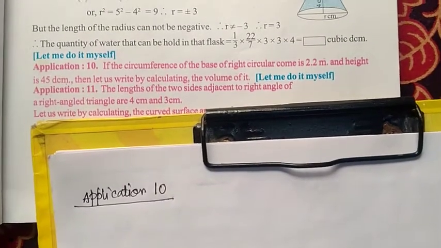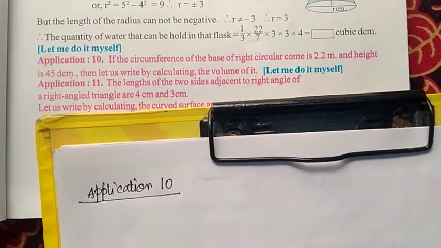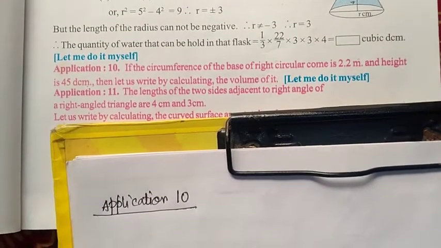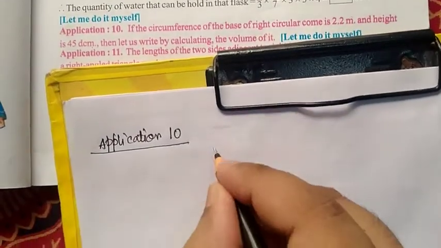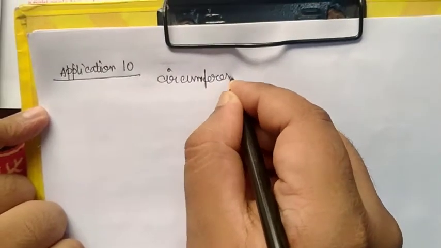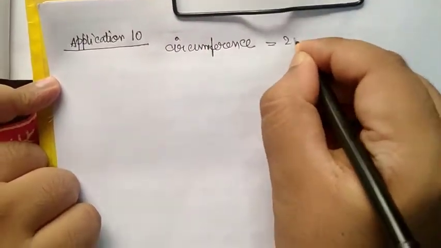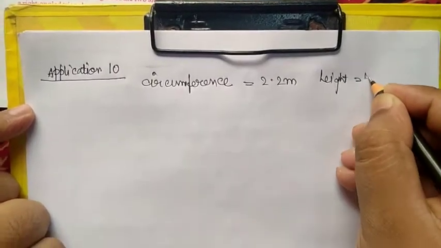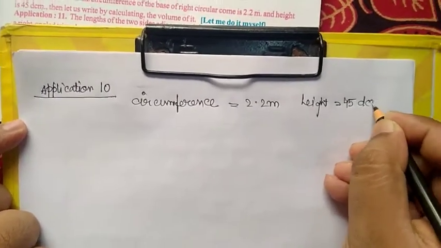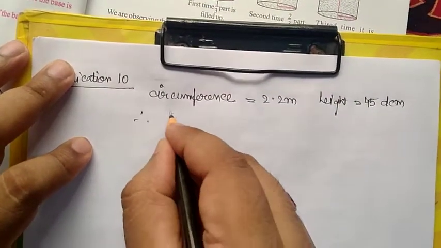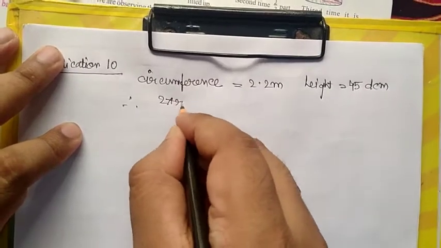If the circumference of the base of a right circular cone is 2.2 meter and height is 45 decimeter, let us find the volume of it. Circumference is 2.2 meter given and height is 45 decimeter given. Circumference means 2 pi r.